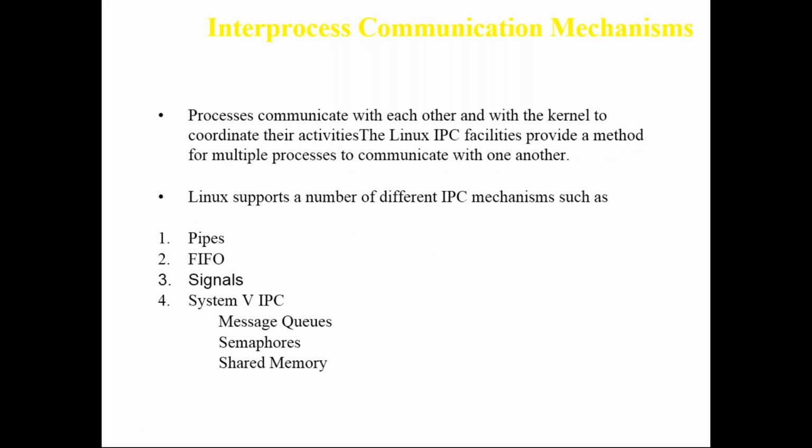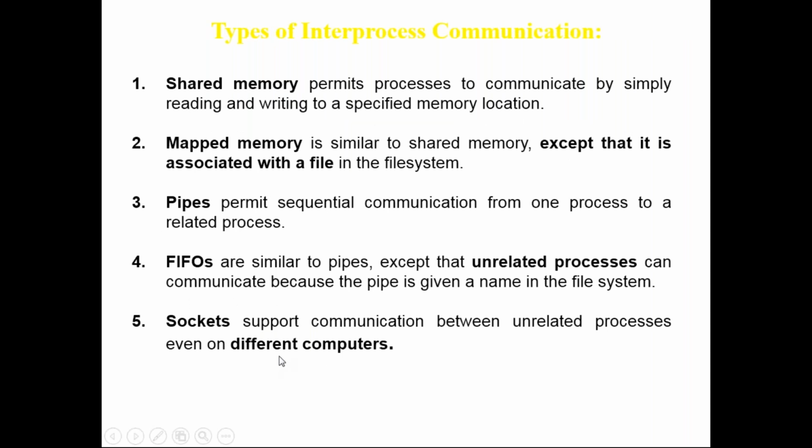Then various types of IPC mechanisms we have discussed, that is, how processes communicate with each other: through pipes, FIFOs, signals, short messages called message queues, semaphores, and shared memory. We also discussed shared memory, mapped memory, pipes, FIFOs, and sockets.